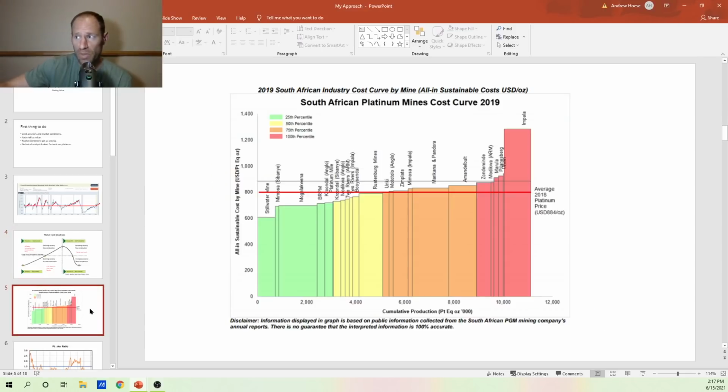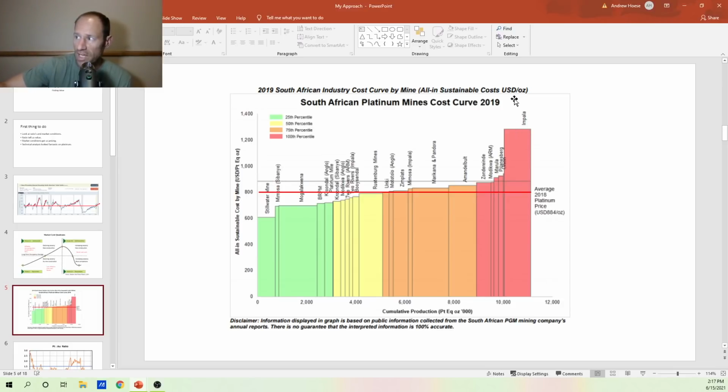So when I was looking at platinum, you want to understand the cost curves. What I have in here is a 2019 South African platinum mines cost curve. What the cost curve is telling us is what it costs to get platinum from the ground. The majority of these mines or companies, it takes about $884 an ounce on average.